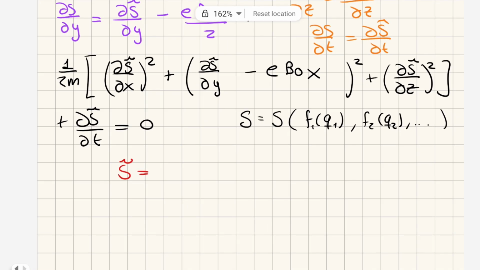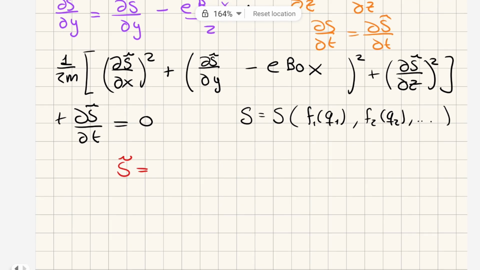Well, the first thing you need to notice is that in the Hamilton-Jacobi equation that we have here, we have only the x explicitly in the expression, right? It is over here. But we do not have the y, we do not have the z, and we don't have the time, okay?